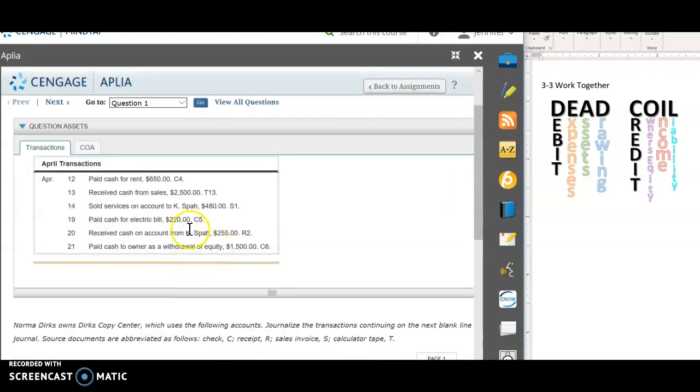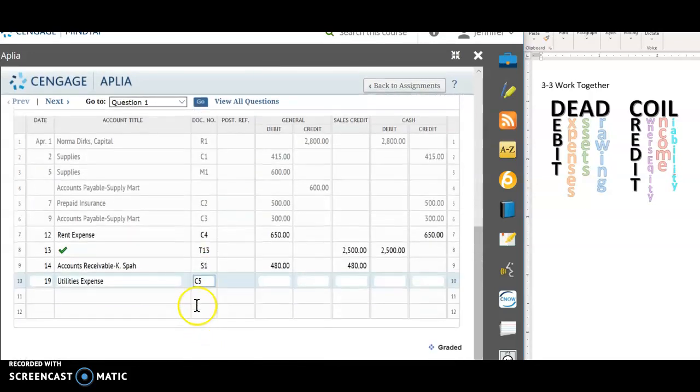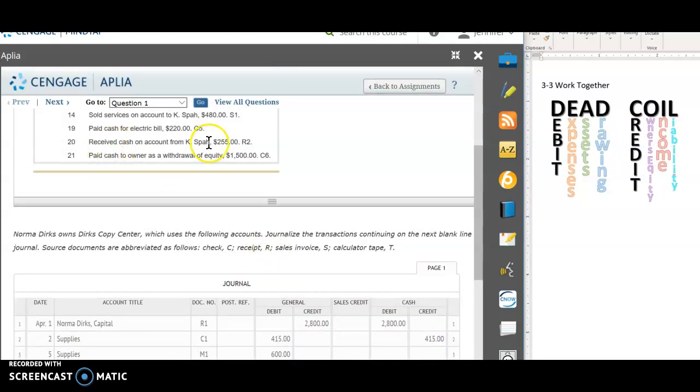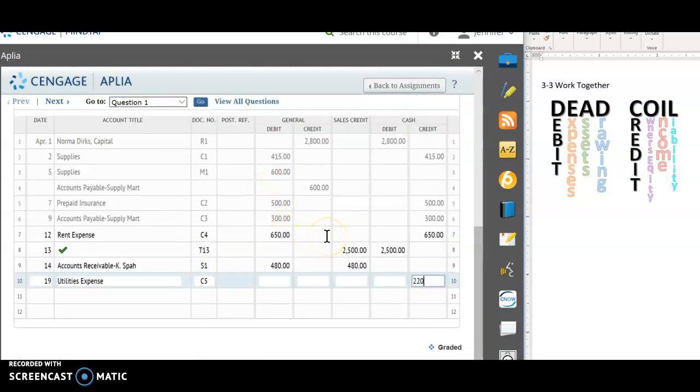And the amount is $220. So if we're paying cash, cash is going down. So that means cash is a credit, $220. Okay, so if our cash is a credit, the debit is utilities expense. So it goes under the general column, $220.